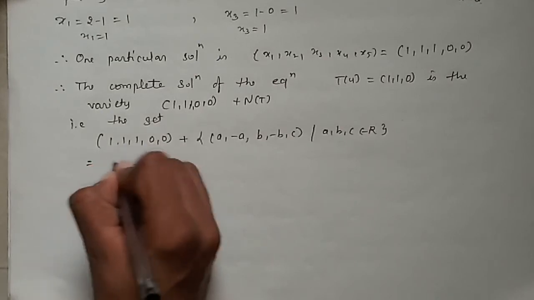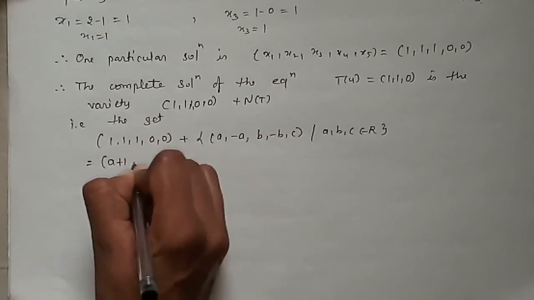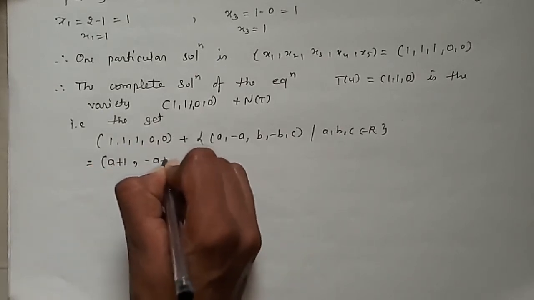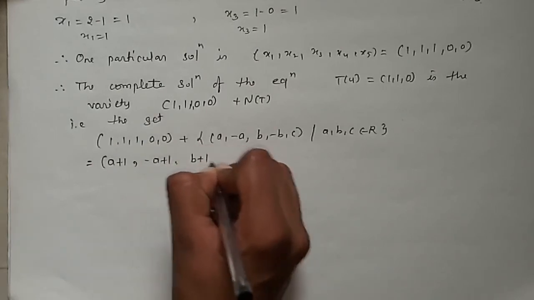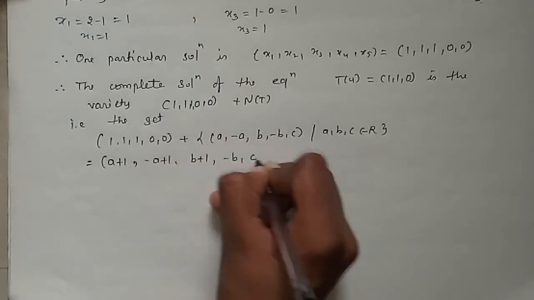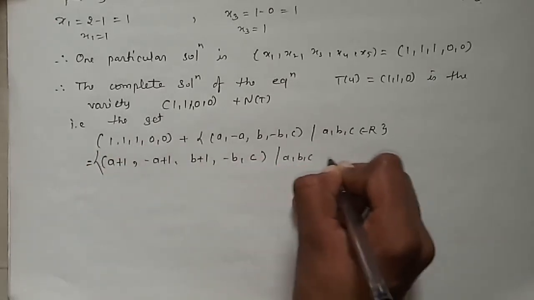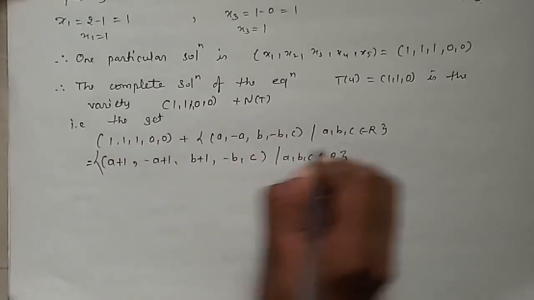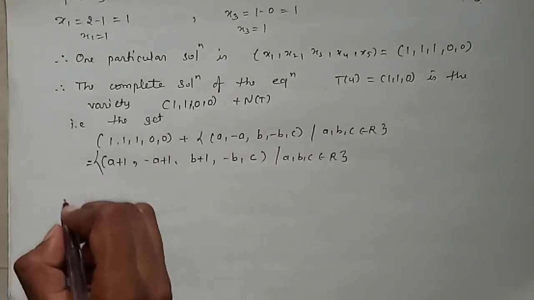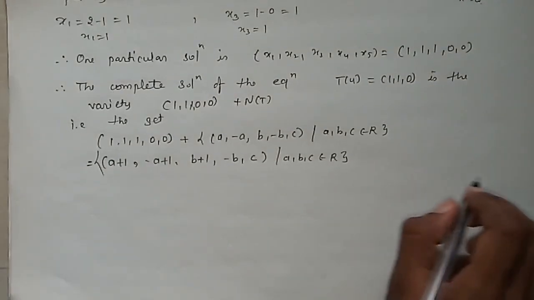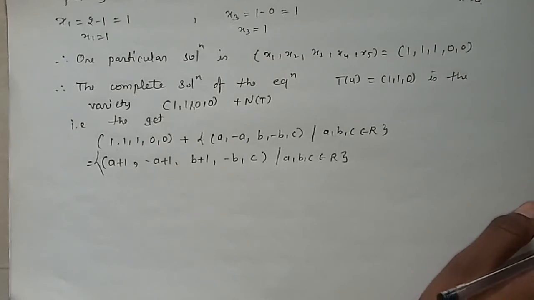This can be written as (a plus 1, minus a plus 1, b plus 1, minus b, c), where a, b, c again belong to R. In other words, this is the T pre-image of our given (1, 1, 0).